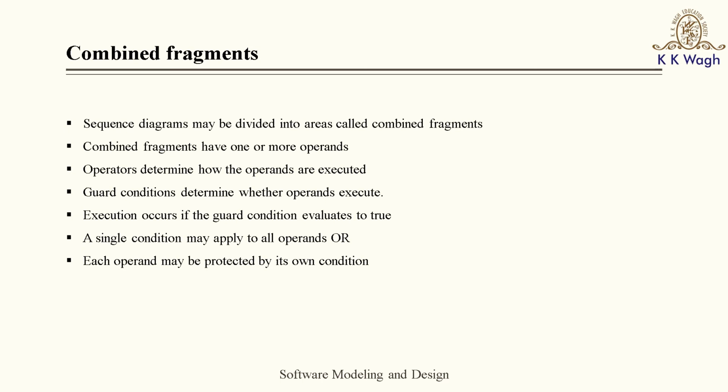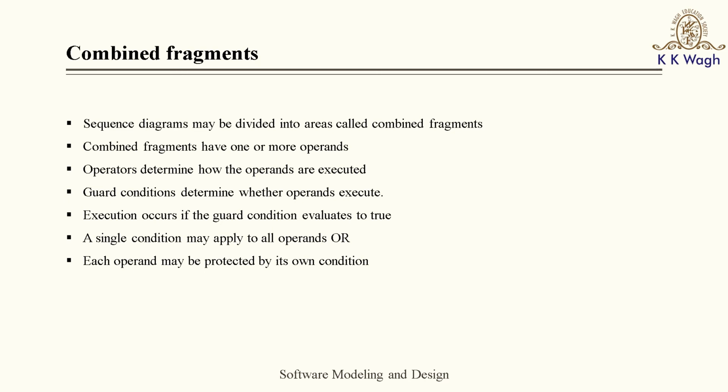Operators determine how the operands are executed, and the guard condition determines whether operands should be executed or not. That means it is a boolean. It generates the result true or false. If it is true, then and only then the operation is carried out. If it is false, then the operation is not carried out.